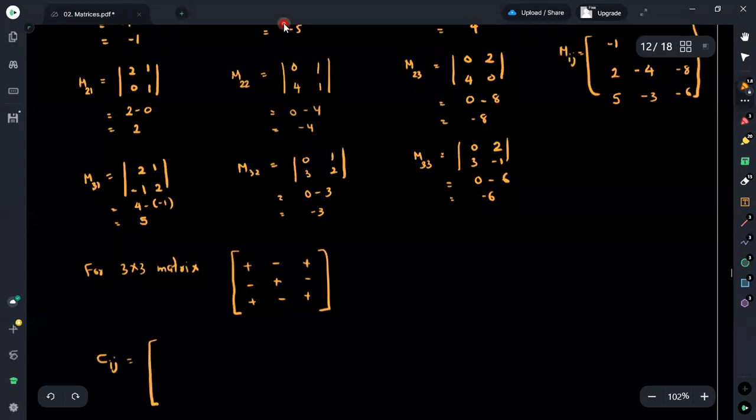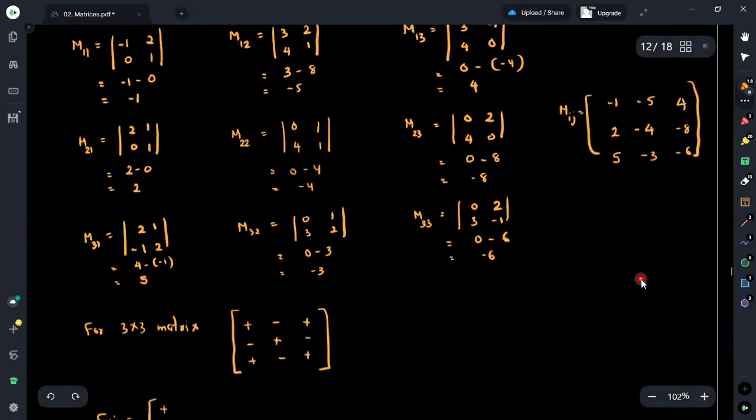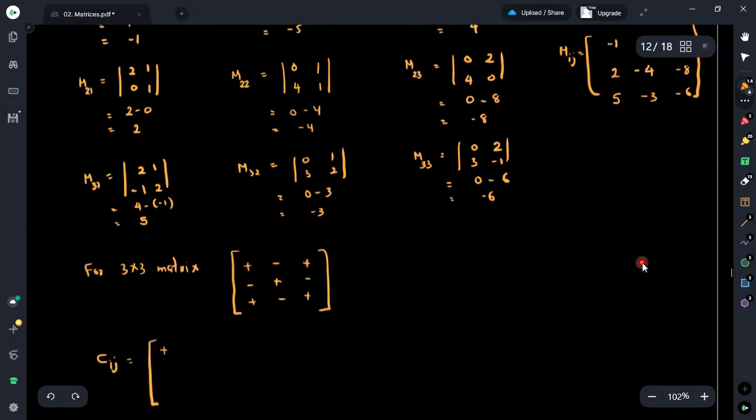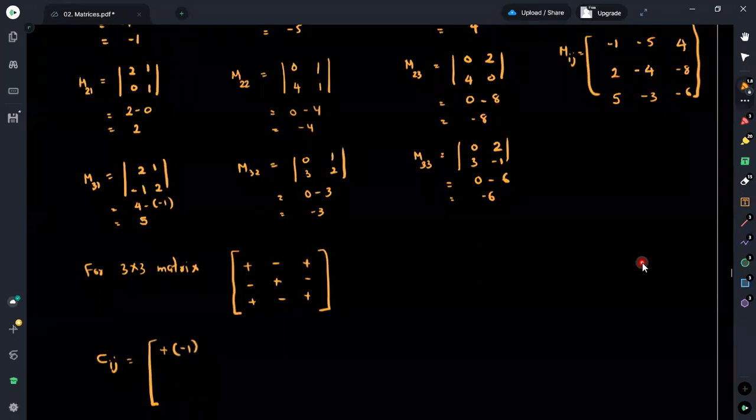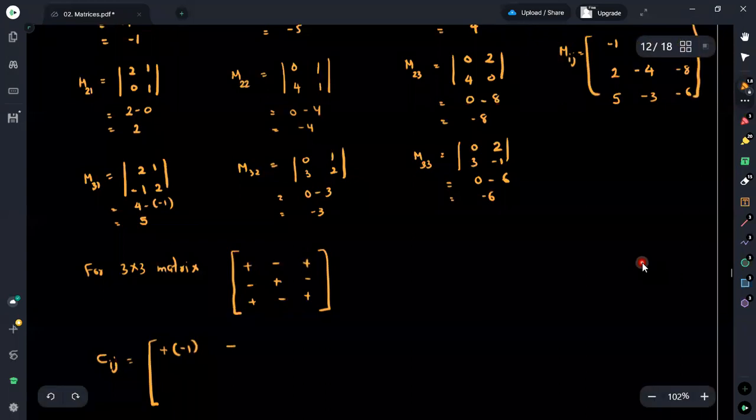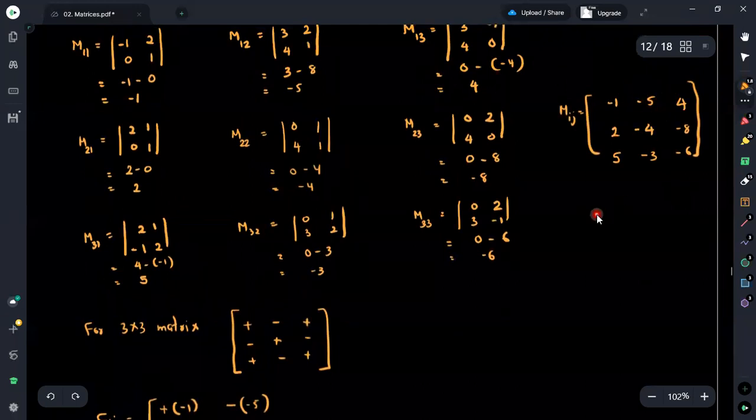For Cij, the first value is plus times minus 1. The first sign is the sign obtained from this sign pattern, and the value here is minus 1. Then we take the value as minus 5 because the value here is equal to minus 5.